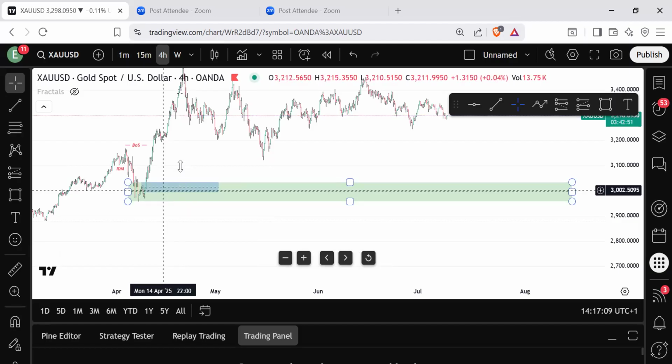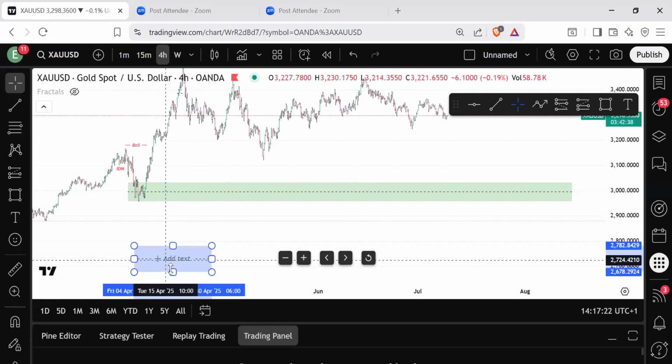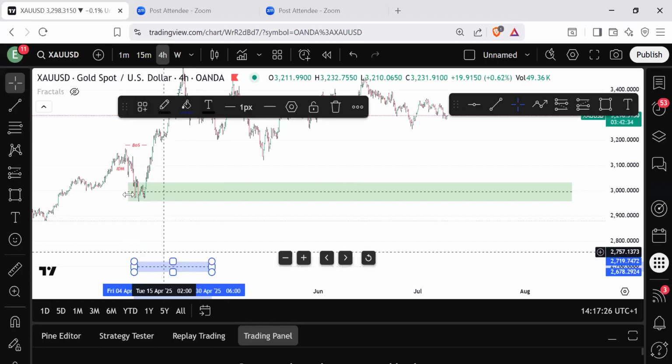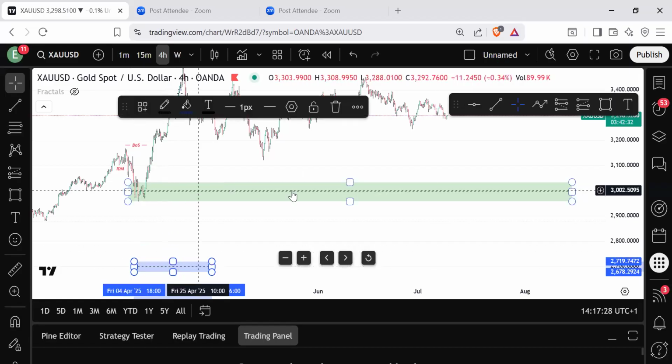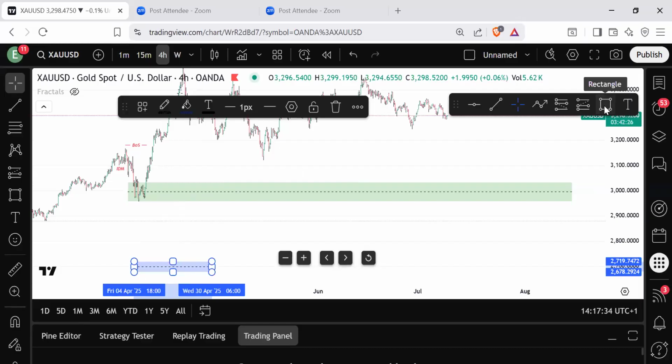I use this blue to show the fair value gap. This green is covering the demand zone. That's the zone where the buyers are.